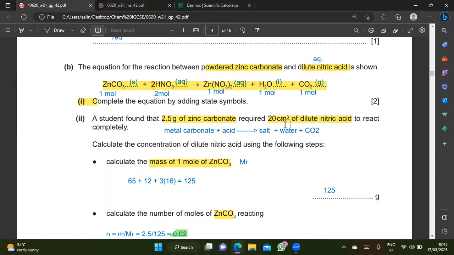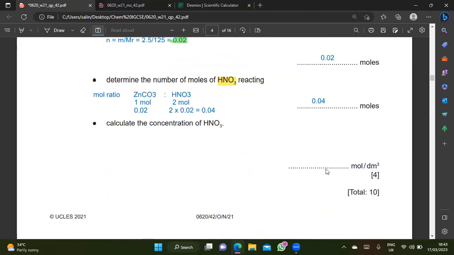Because this is a solution, yeah? For a solution, they will not give you the mass. What we should be using here is the volume. So the volume is 20 cm cube of nitric acid. So I have to use the volume.